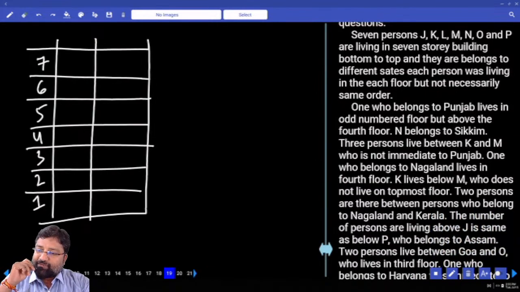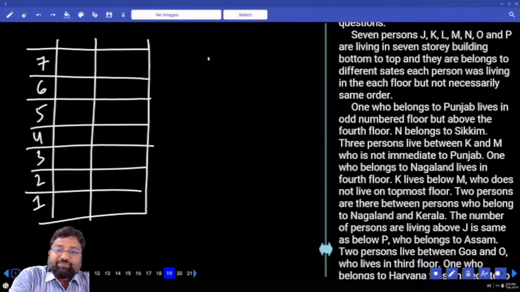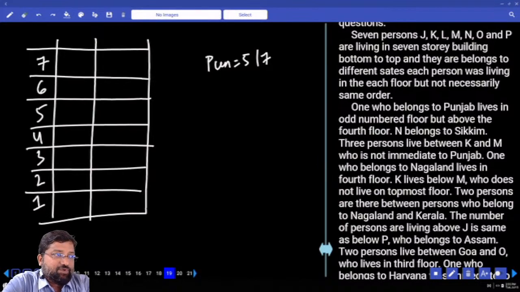The one who belongs to Punjab lives in an odd number floor, but above the 4th floor. So he can be living on the 5th or 7th.